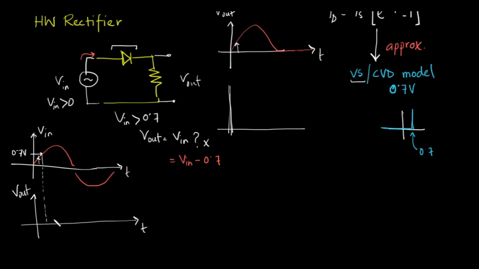That means that the output will go down 0.7 volt. So the output will look like this. Draw this part and this part.